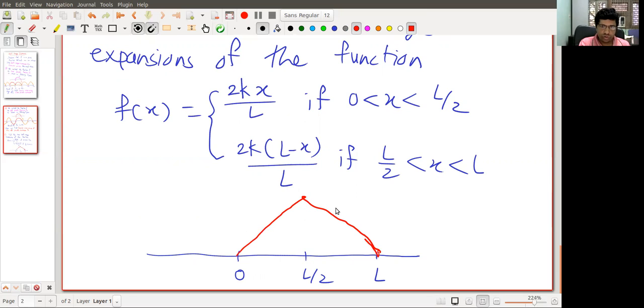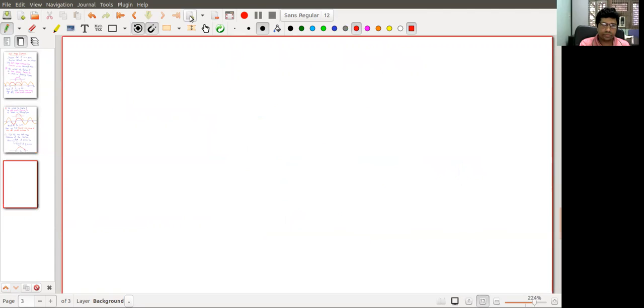What we have to do is use both the extensions, even periodic as well as odd periodic, as discussed above. So first is the even periodic extension.